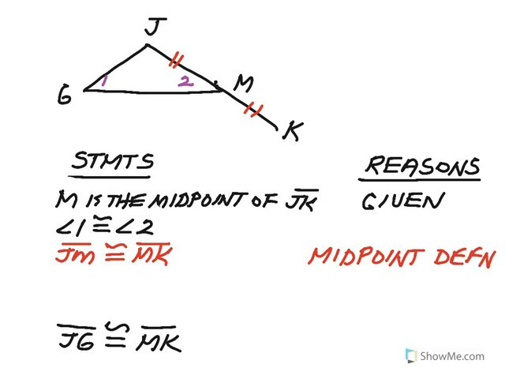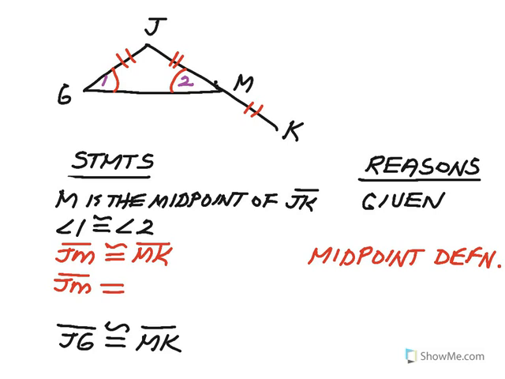Okay, and then from there, I'm given that angle 1 and angle 2 are congruent. So I know that if they're congruent, the sides opposite those angles are congruent. So I know now that JM and JG must be the same length.